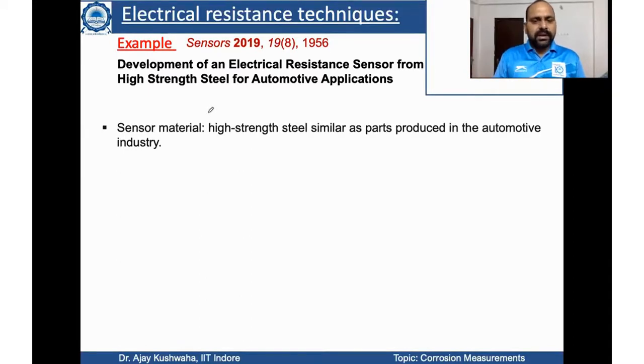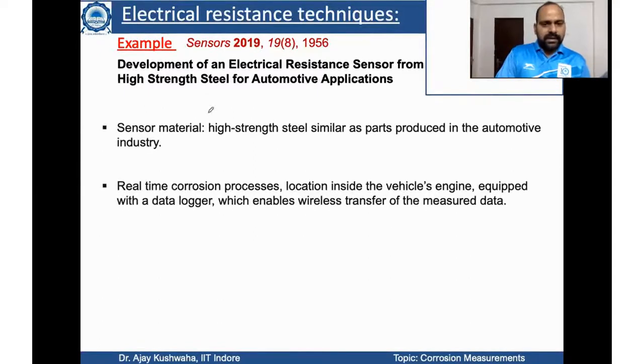The sensor material is high strength steel, similar to the part produced in the automotive industry. The material is the same as that used for making the product in the automotive industry. Here they want to measure the real-time corrosion process.